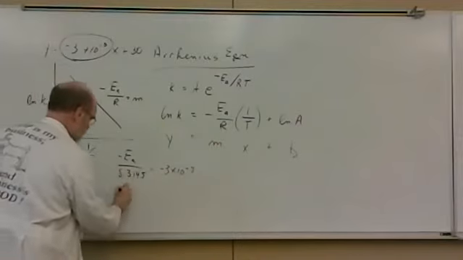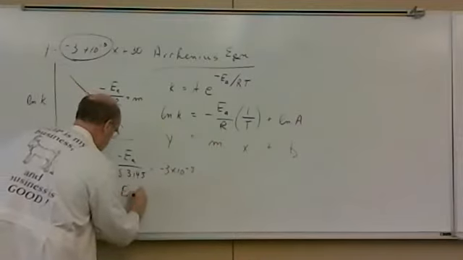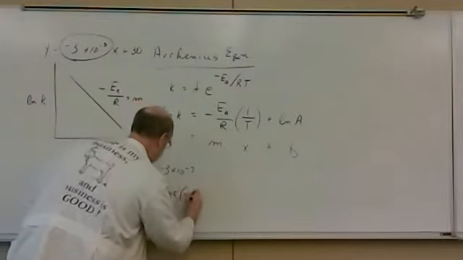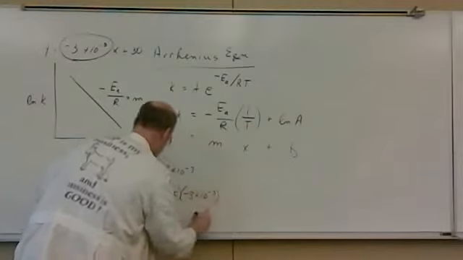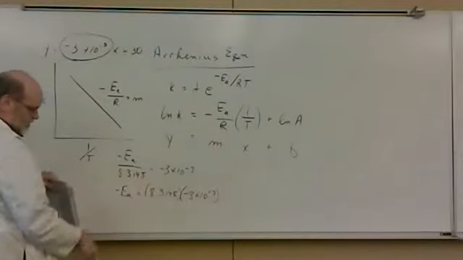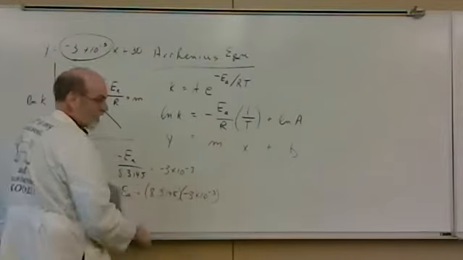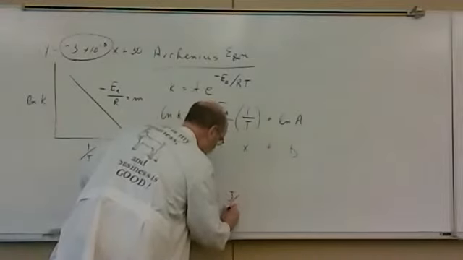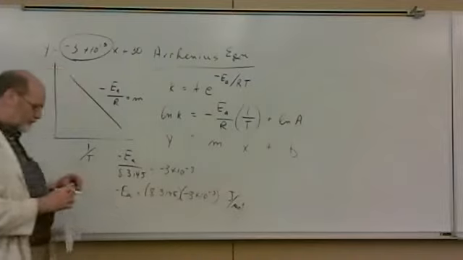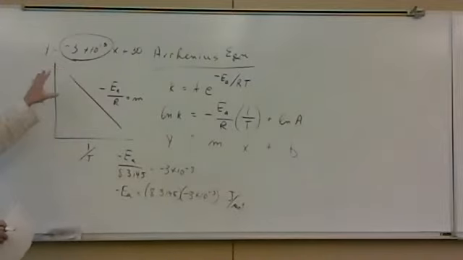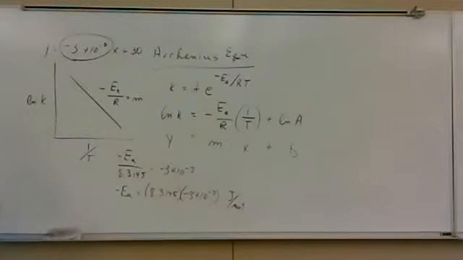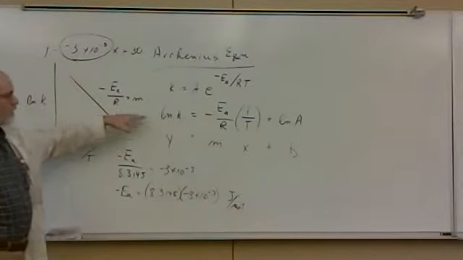So minus E sub A equals 8.3145 times minus 3 times 10 to the minus third, and the minuses go away. Then E sub A is this times that. That's your activation energy, which should be joules per mole. So that's how you would use this straight line expression for the Arrhenius equation to calculate your E sub A value, the activation energy for that reaction.